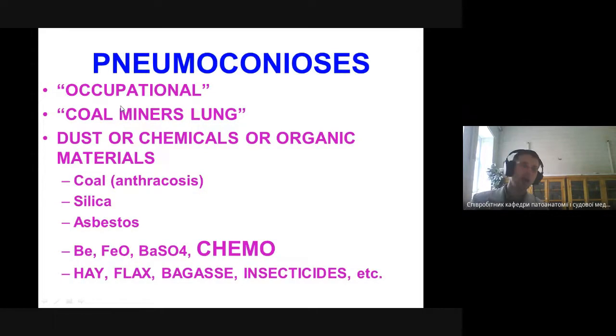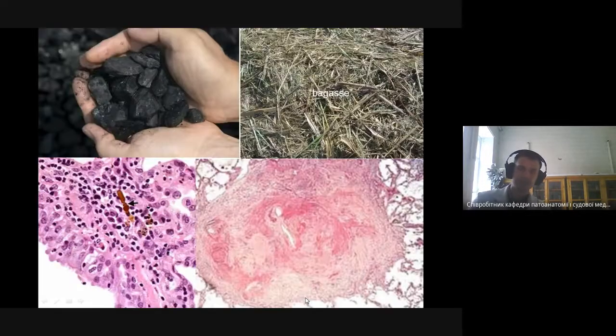Silicosis belongs to the group of diseases called pneumoconiosis. They are occupational, so they depend on their profession. Oftentimes they refer to coal miners. Lung dust or chemicals or organic materials: coal dust in anthracosis, silica dust in silicosis, asbestos in asbestosis, and other minor forms.